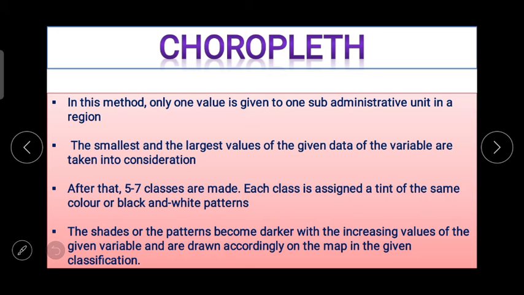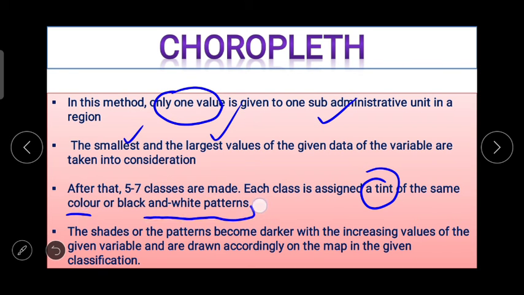Only one value is given to one sub-administrative unit in a region, and the smallest and the largest values of the given data are taken into consideration, the highest and the lowest. Once we have decided which is the highest value and which is the lowest value, after that 5 to 7 classes are made, and each class is assigned a tint of the same color or black and white patterns.